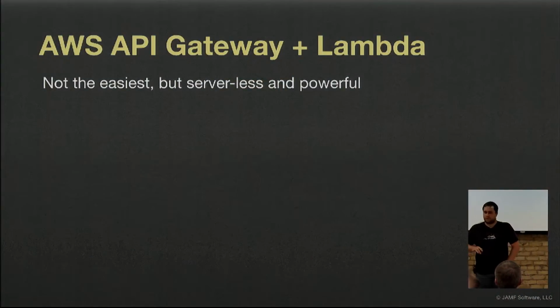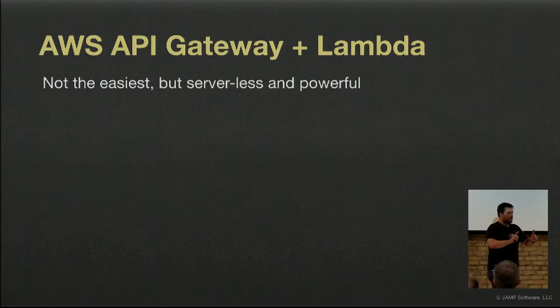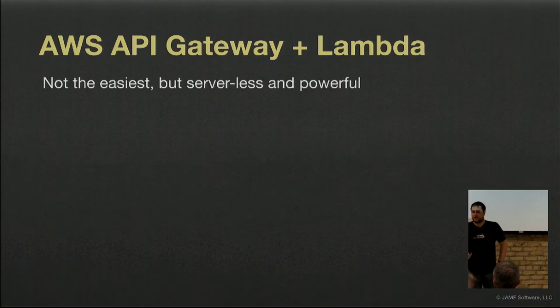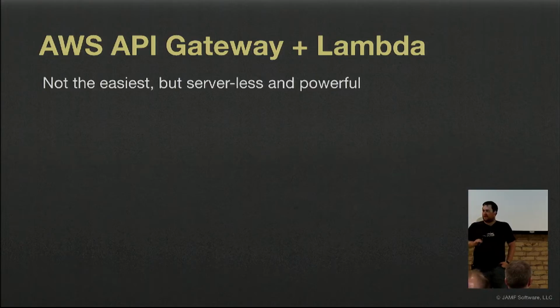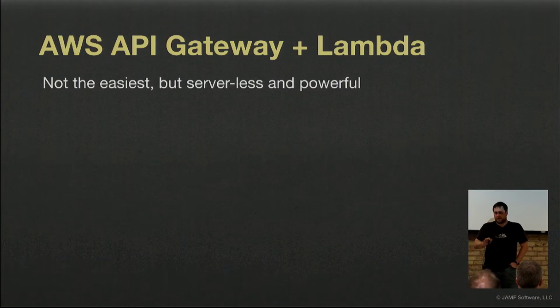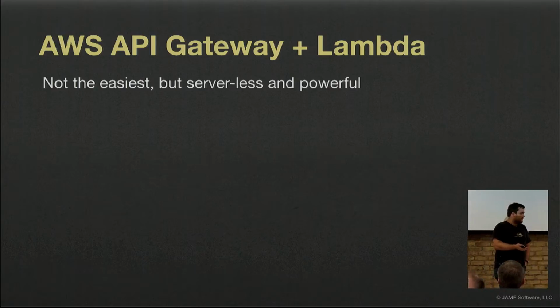We're going to talk about the Amazon API Gateway and Lambda functions, because these two pieces together are a super powerful combination. This is not the easiest thing in the world to do, but you can get started with it. Like I said, it's serverless, so it doesn't take a lot of time to get stuff up and running.